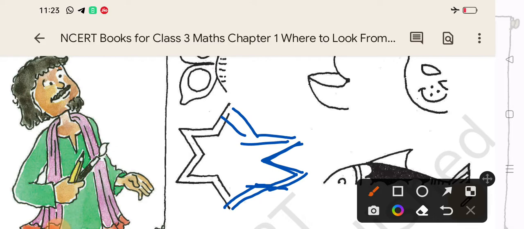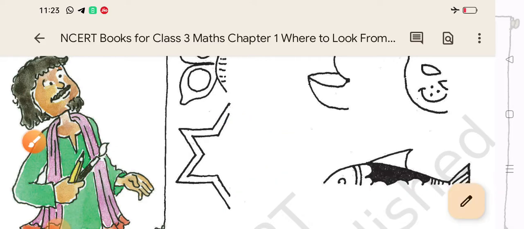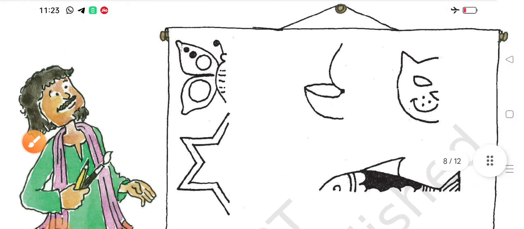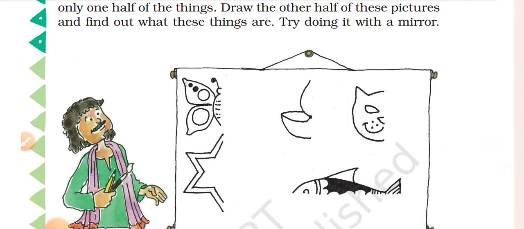Now this will look like a star, and the other is the fish.